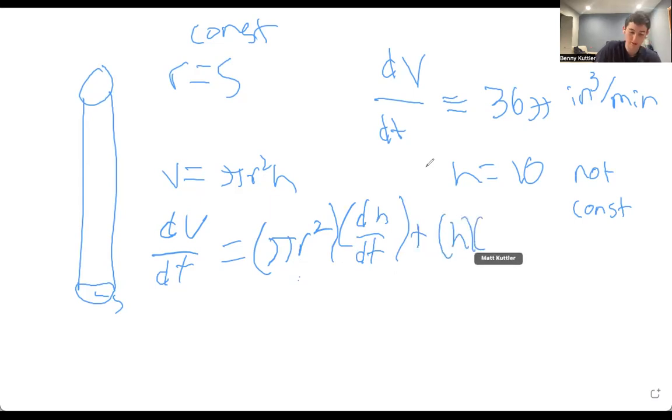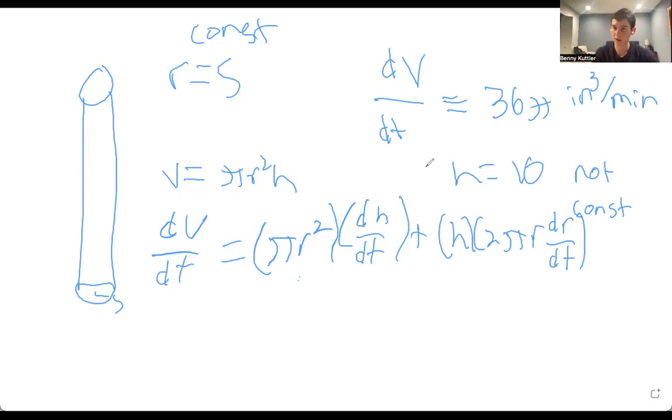So h times the derivative of pi r squared, which is 2 pi r. And can't forget that when we're taking the derivative of something with a variable in it, we have to multiply by its derivative with respect to time. So 2 pi r dr/dt.